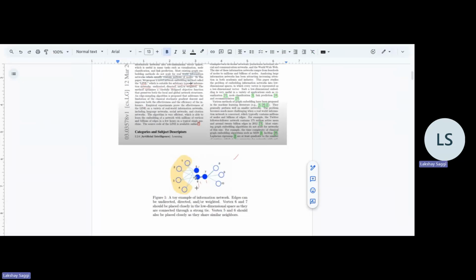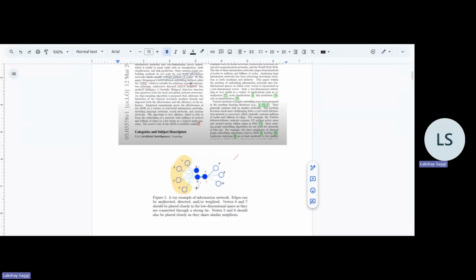So the idea behind these LINE networks is this. Consider vertices 6 and 7. They are directly connected by an edge, or let's say they are connected by multiple edges.